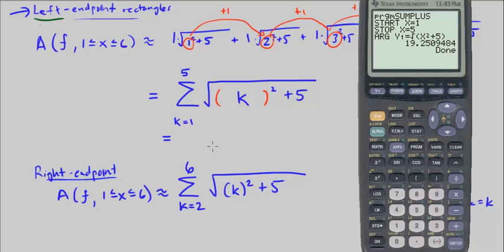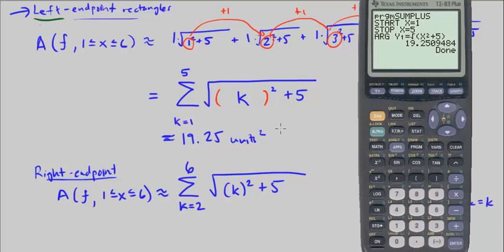Okay, so I get my left endpoint rectangles gives me 19.25, right? Let's make this approximately 19.25 units squared.